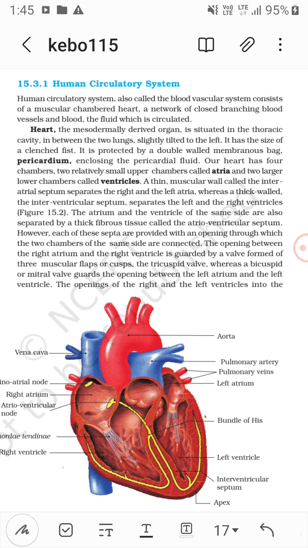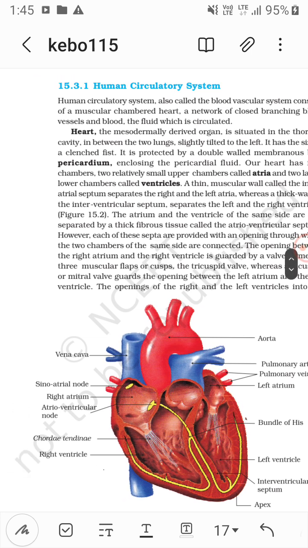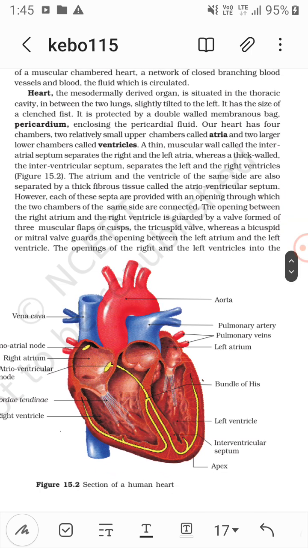The opening between the right atrium and the right ventricle is guarded by a valve formed of three muscular flaps or cusps, that is the tricuspid valve, whereas the bicuspid valve or mitral valve guards the opening between the left atrium and left ventricle, on this side.